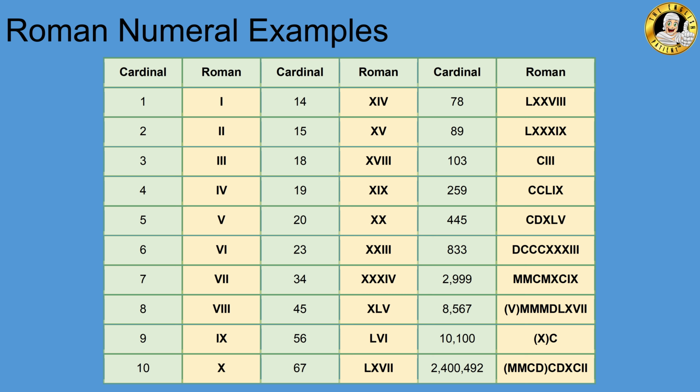D, 8,500. L, 8,550, X, 8,560, and then VII, 7. 10,100, well, I can just multiply 10 by 1,000. So open brackets X, close brackets C.